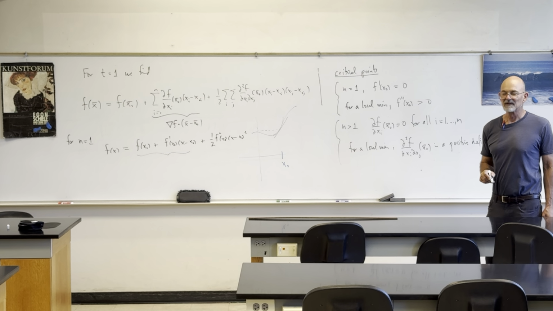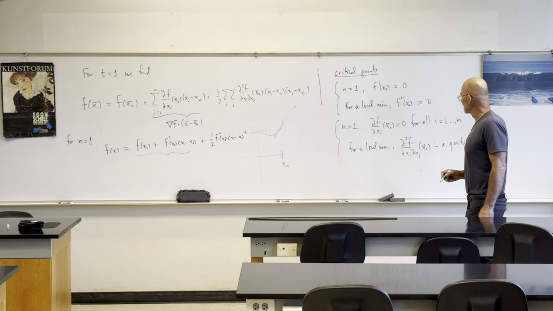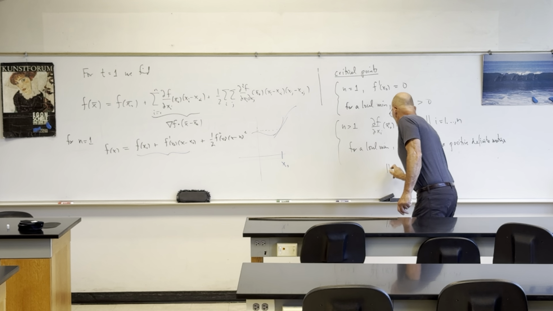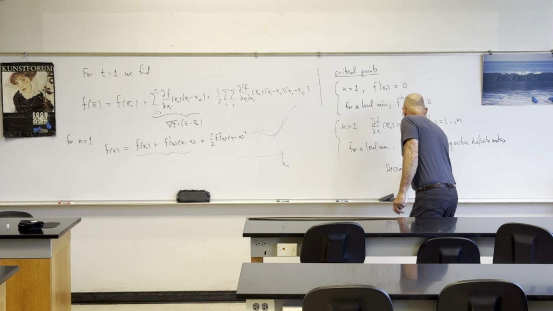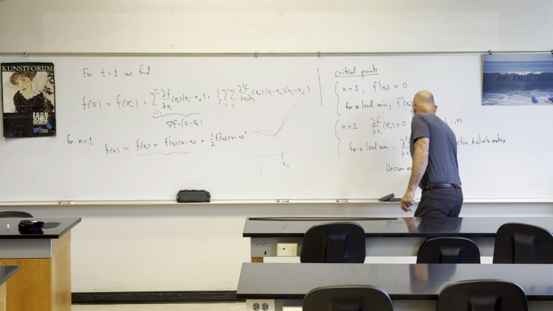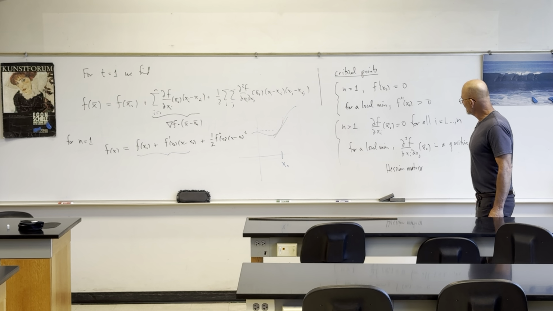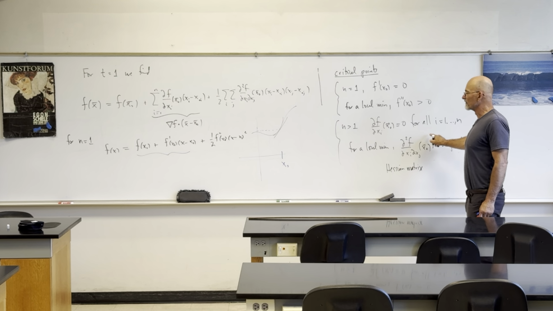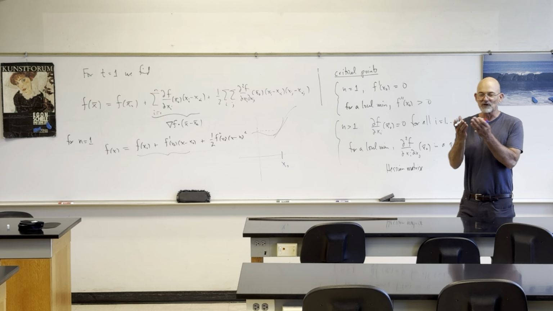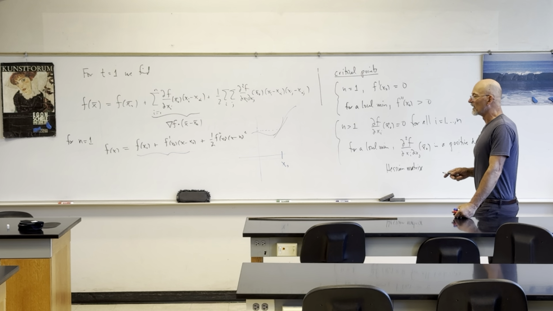Anybody ever had that nomenclature, the Hessian matrix? Now the nice thing is that in physics, we generally don't have to verify positive definiteness because we start with something that was positive definite.